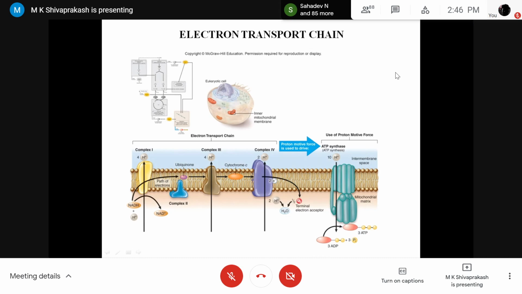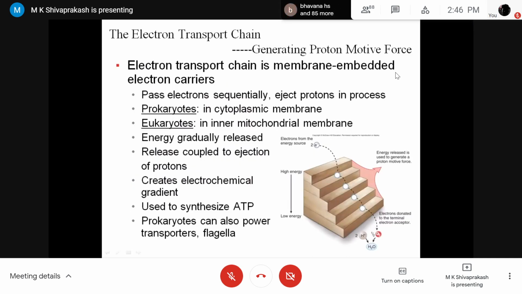In this pathway, some of the things involved are ubiquinones and cytochromes, and all these are involved in the formation of the electron transport chain. The electron transport chain is made of membrane-embedded electron carriers. They pass electrons sequentially and eject protons in the process.